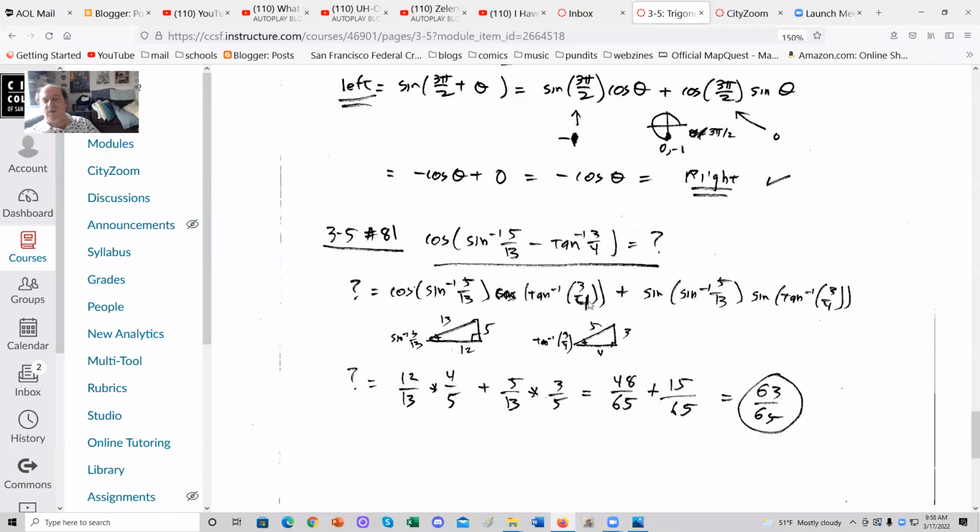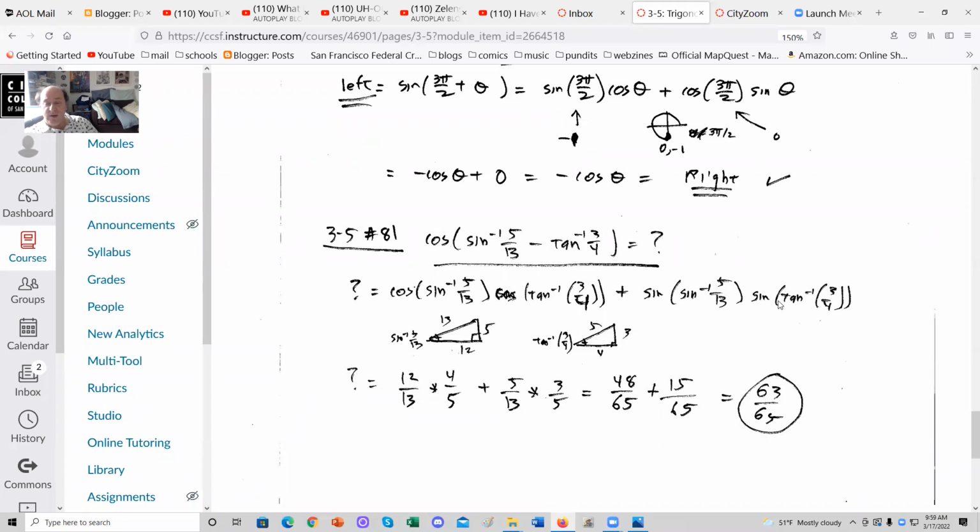Cosine of arctan 3/4. Here's a right triangle, and this angle is arctan 3/4. So opposite over adjacent is 3/4. So put a 3 here and a 4 here, and this side by Pythagoras will be 5. And cosine of this angle then is adjacent over hypotenuse, 4/5. So far, 12/13 times 4/5. Plus sine of arcsine 5/13, that cancels to 5/13.